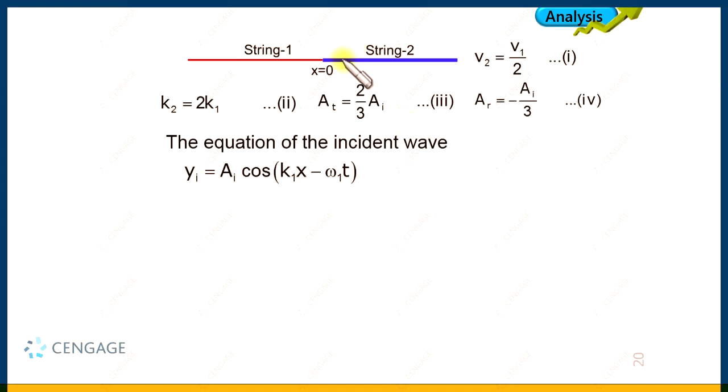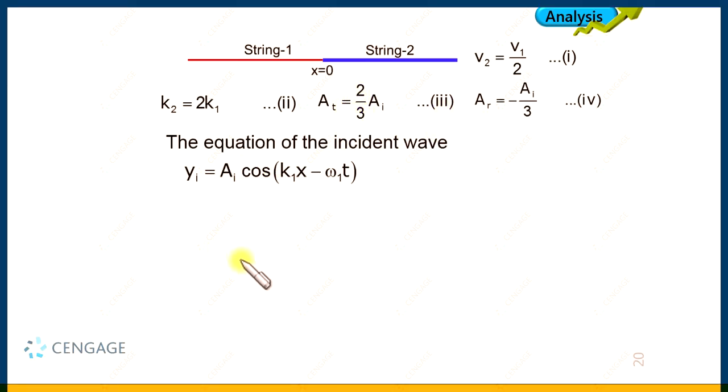You know, the transmitted wave is traveling in the same direction as the incident wave. That means there will be no change of the sign between k1x and omega 1 t, that is, k2 for the second medium. So, we can say k2x minus omega 1 t, the sign will be negative here, because the sense of motion of the wave will be from left to right, and here we write the amplitude of the transmitted wave, that is 2 by 3.